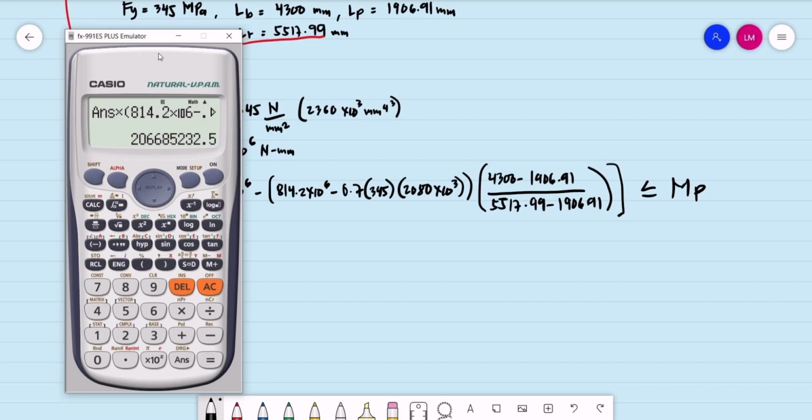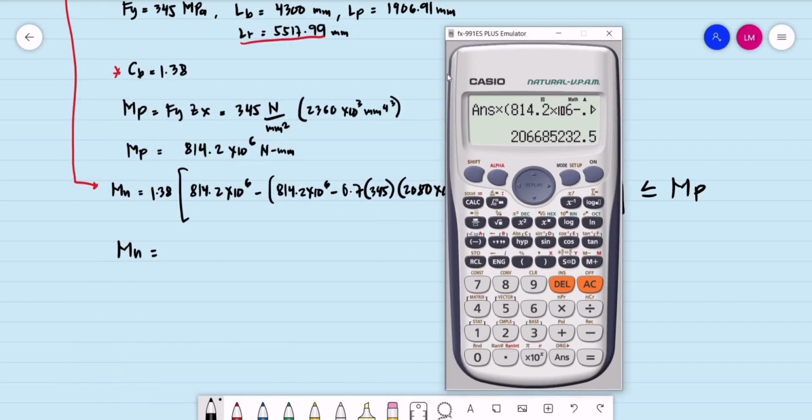And then this entire value to be less from 814.2 times 10 raised to 6. So minus the answer. Okay, then to be multiplied by our C sub B, 1.38. Then divided by, we can have it in that value, or in this form.